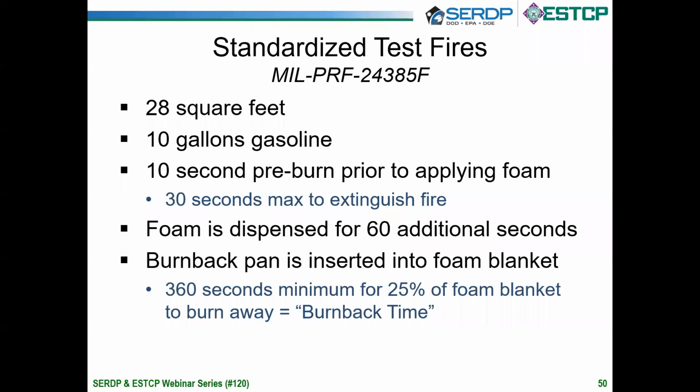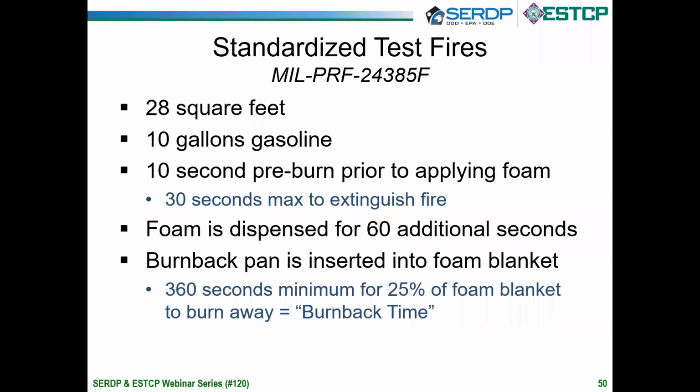And the mil spec requirement is 30 seconds maximum. But as I'll show later, it is taking quite a bit longer with some products to put the fire out. But anyway, when the fire is extinguished, the foam is dispensed for an additional 60 seconds.